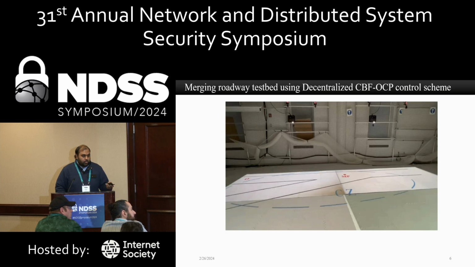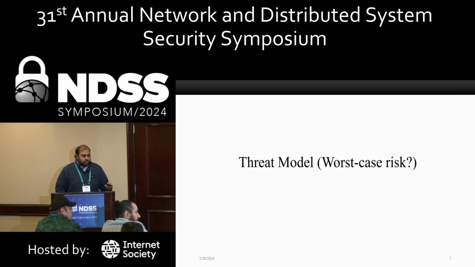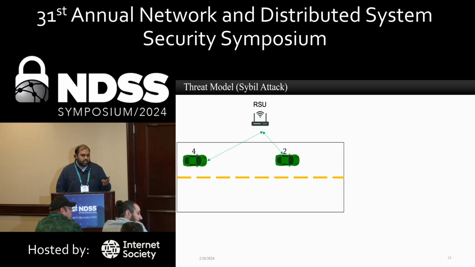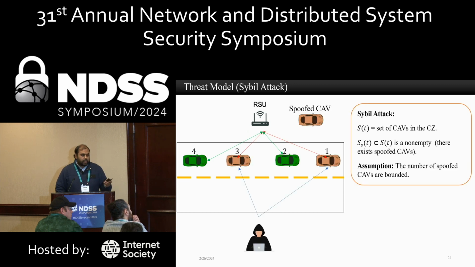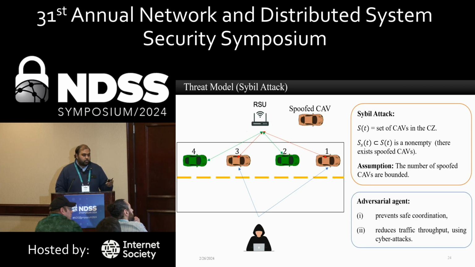Now, what we were thinking is, is it possible that we can introduce attacks that can cause problems to this framework? So the first thing we looked at was a Sybil attack, where there are some spoofed CAVs, and we set their intention such that they will prevent safe coordination and try to disrupt the flow within our control zone.